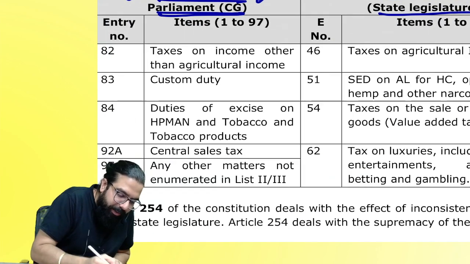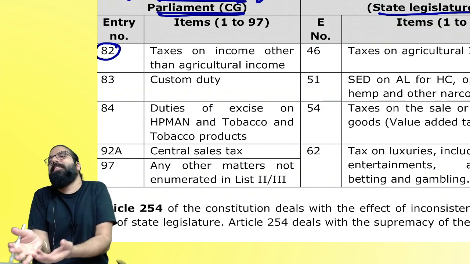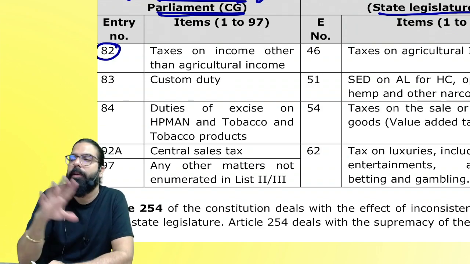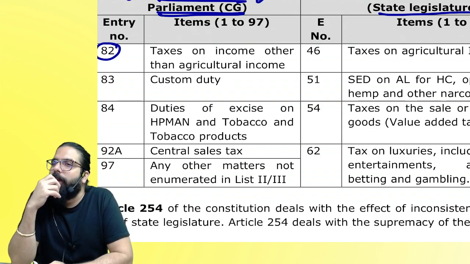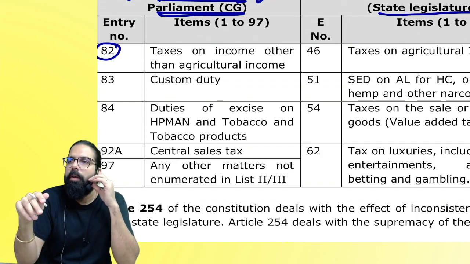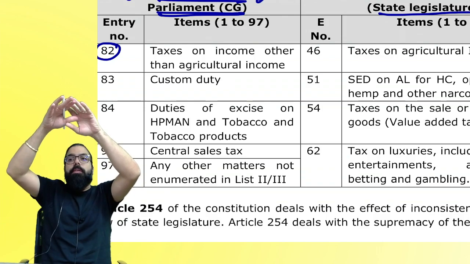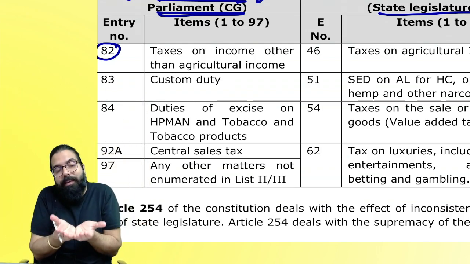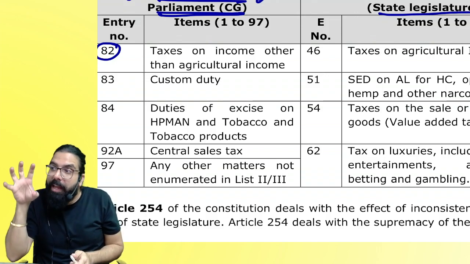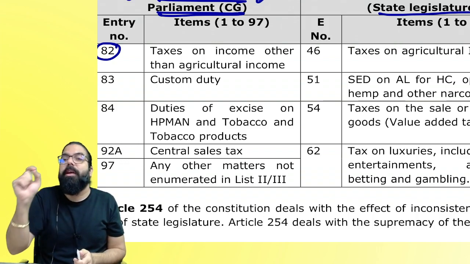So, sir, I am starting from entry number 82 because entry number 1, 2, 3, 4 might not be tax related. We are talking only about tax related entries. Can you tell me one thing? If I talk about what items are included in list number 1, which are nation related, with an impact on full India, then it will be included in which list?